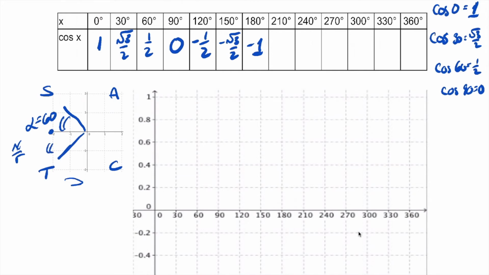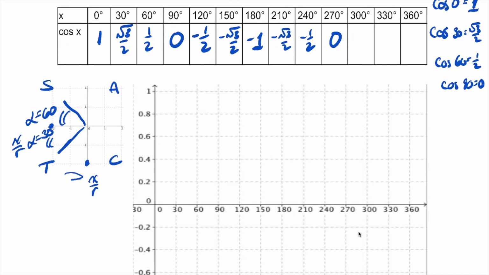Again, in this quadrant, the reference angle would be 30, and cos is negative. So cos of 210 would be the same as negative cos of 30, which is negative root 3 over 2. Cos of 240 would be negative cos of 60, which is -1/2. And at 270, because cos is by definition x over r, well, x is 0. So cos of 270 is 0.